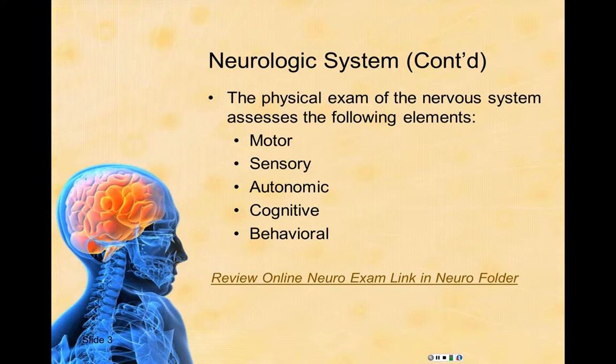Make sure that you review this link that I've provided for you. This is a really good website that will give you some insight into a complete neurological exam. It starts with introduction and mental status, goes through the cranial nerves as well as the motor exam and reflexes, and then ends up with coordination and sensory exam.